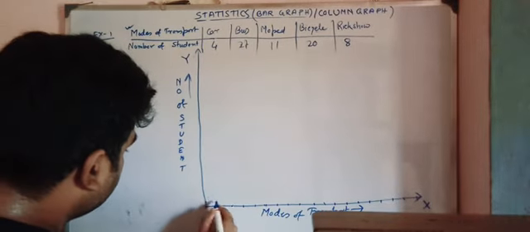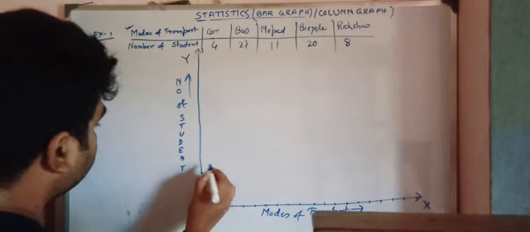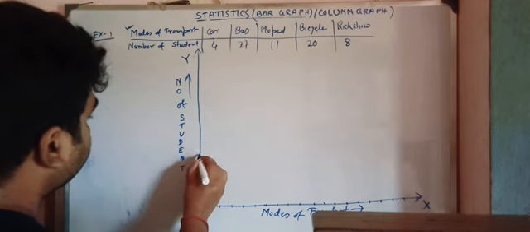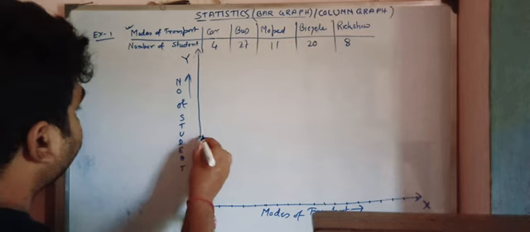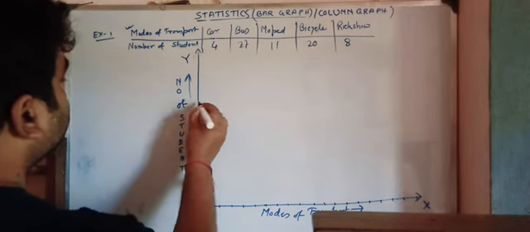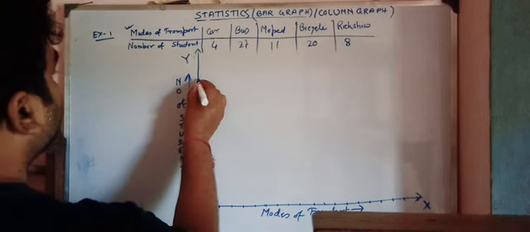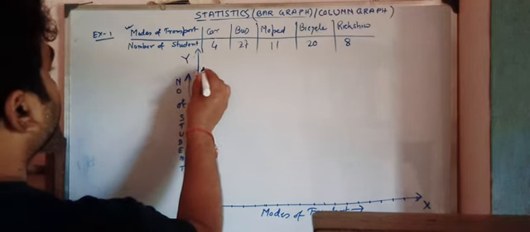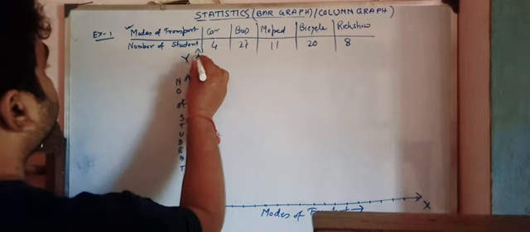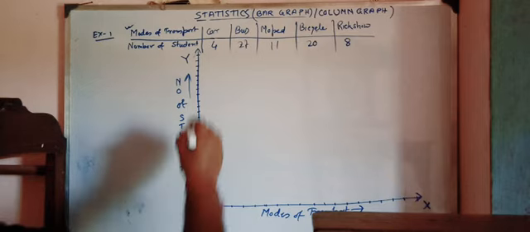This is my 1, 2, 3, and so on up to 27. Okay, so this we have to plot on a graph page.